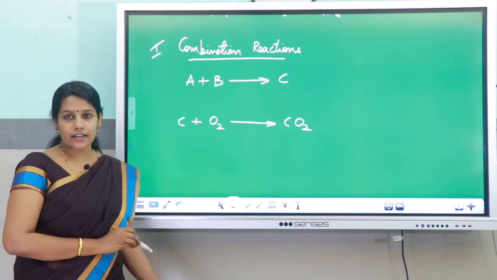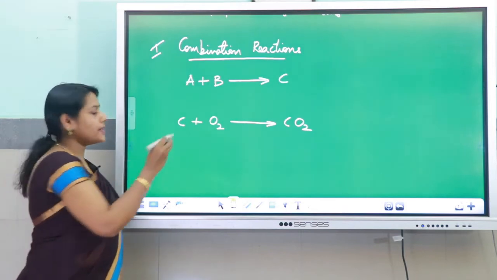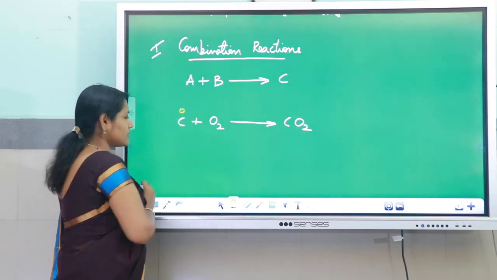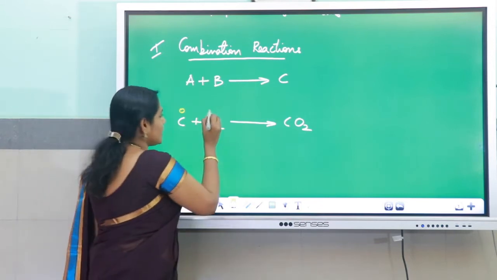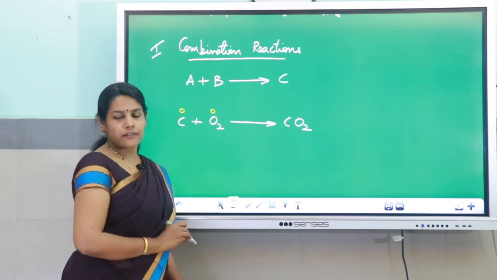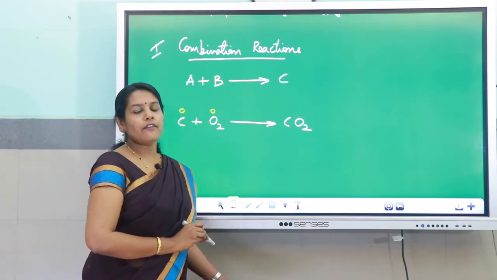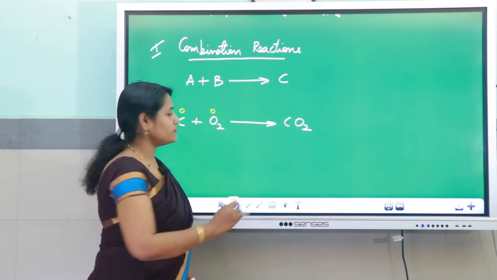So, let us see whether it is a redox reaction. The oxidation number for carbon is 0, since it is in the free state. O2 is a homonuclear diatomic molecule, so it is again 0. We do not know the oxidation state of carbon in CO2, but we know that the common oxidation state of oxygen is -2.